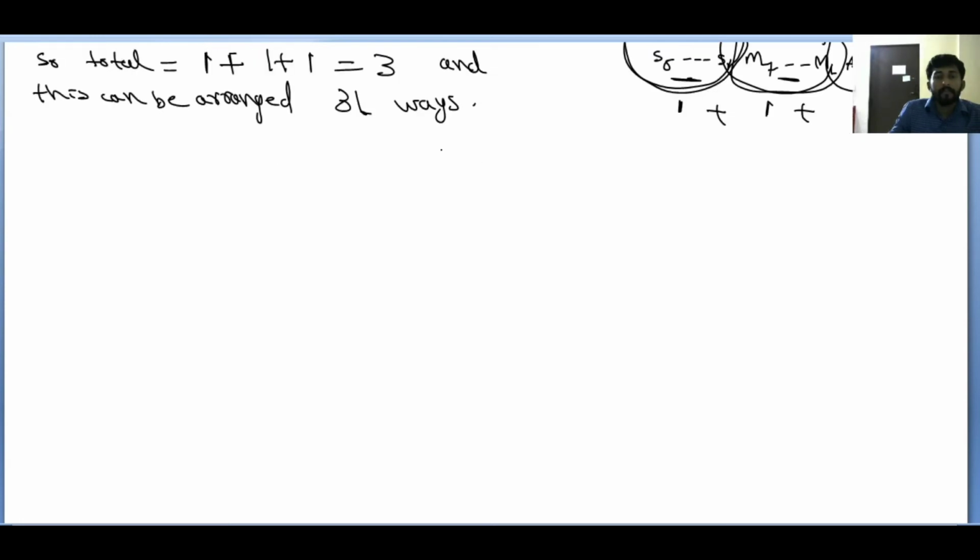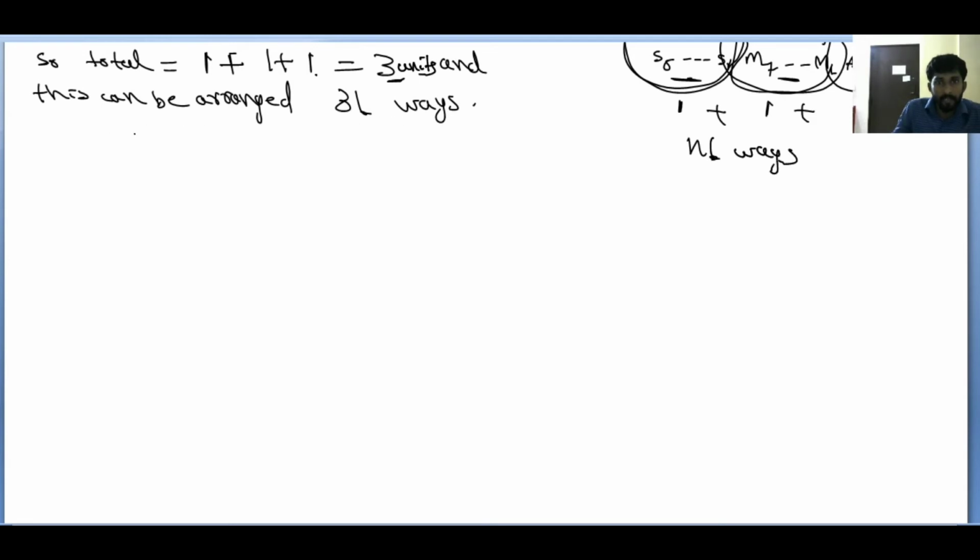Okay. If n distinct objects are given, then they can be arranged in n factorial ways, right? So here we have 3 units, and these 3 units can be arranged in 3 factorial ways.